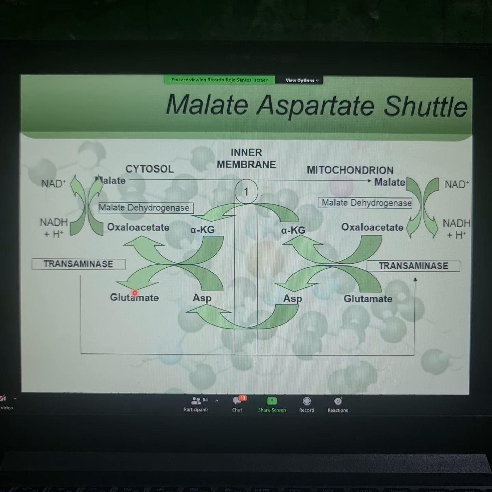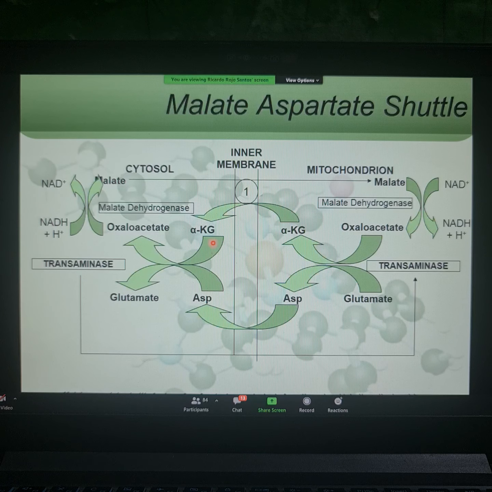I repeat, I made a mistake there. Let me correct myself. Alpha-ketoglutarate will undergo a transamination reaction with aspartic acid.